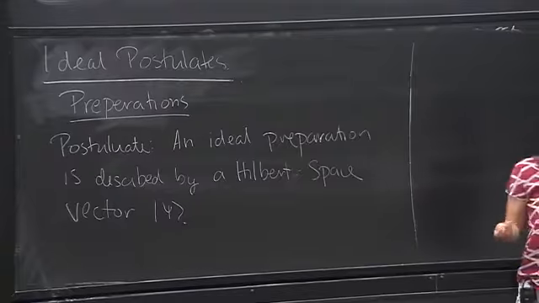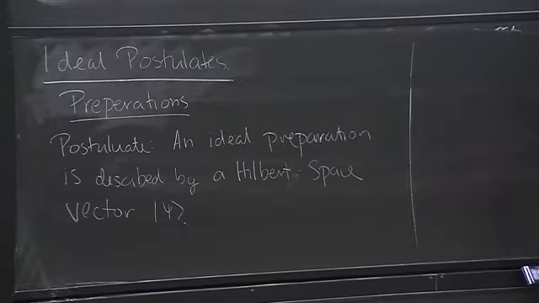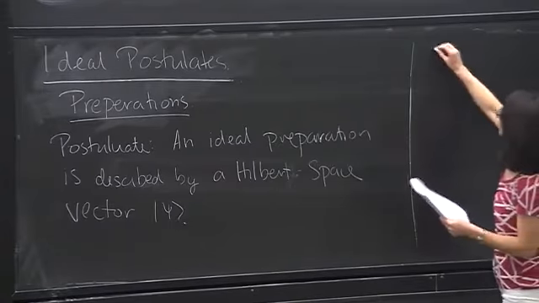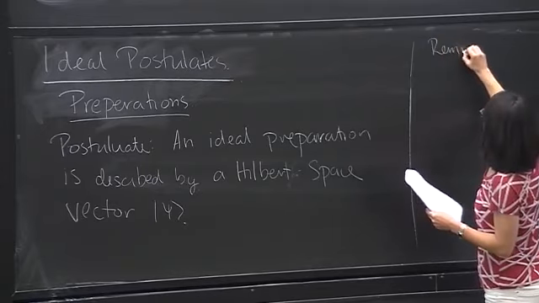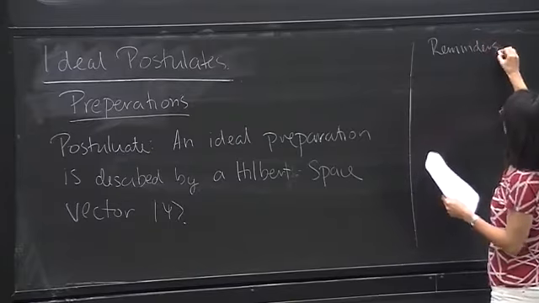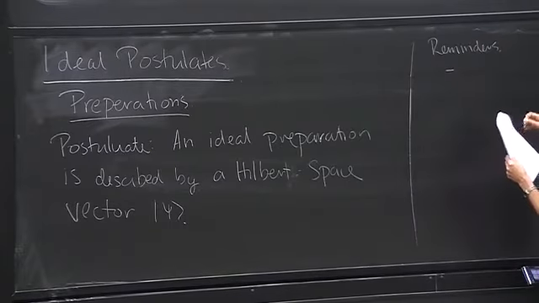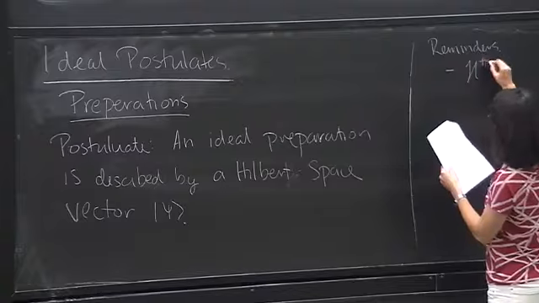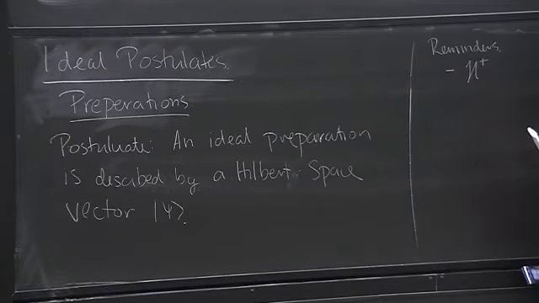At the beginning of the course, you already discussed all of the properties of Hilbert spaces, so I'm not going to go into that here. I just want to give you a few reminders. There's something called the dual space to the Hilbert space, and it consists of all continuous linear functionals mapping elements of the Hilbert space to complex scalars.